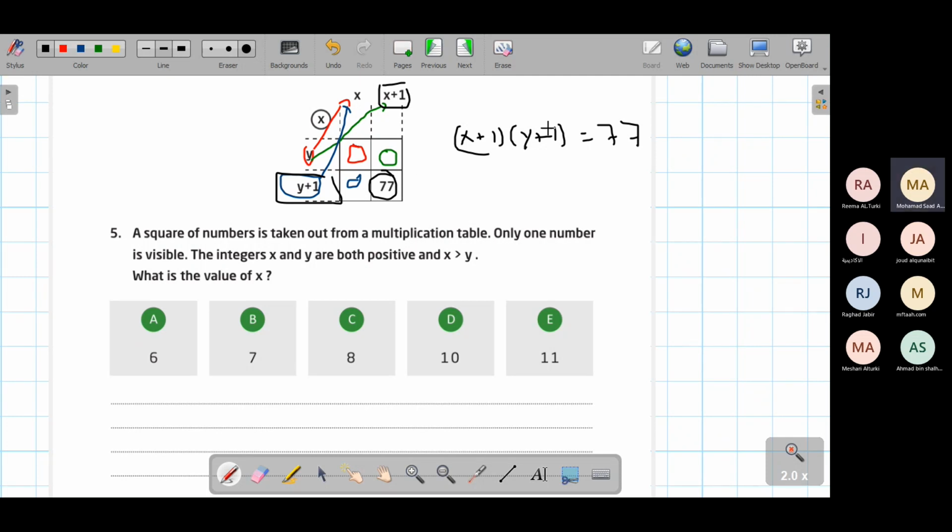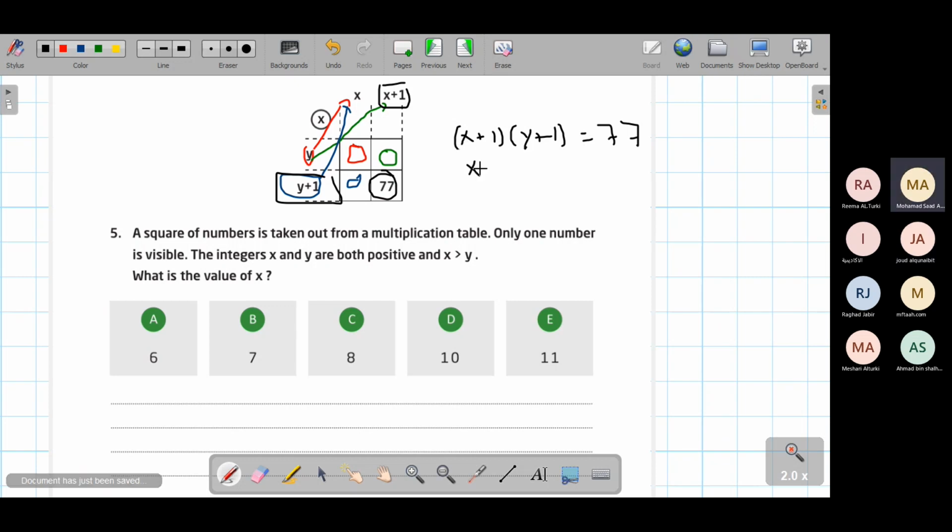Okay, Jude, can you expand this part? Do you know what expand means? Remove the parentheses, okay? Remove the parentheses here. So, we will use the method of FOIL. Do you know the method of FOIL? Yes. Yalla. x multiplied by y.